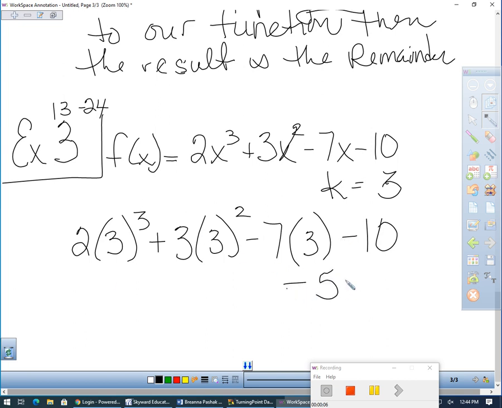So we got 50. What's 50? The remainder. Exactly. This is the remainder.